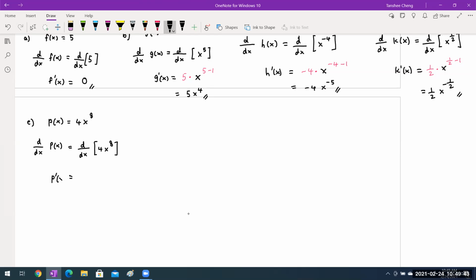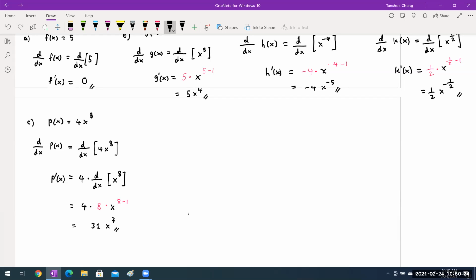So p prime of x, now we are simply taking the derivative of the power part. That will be 4 times 8 times x to the 8 minus 1 power. So 4 times 8 is 32, and then x to the 7 power is my final answer.